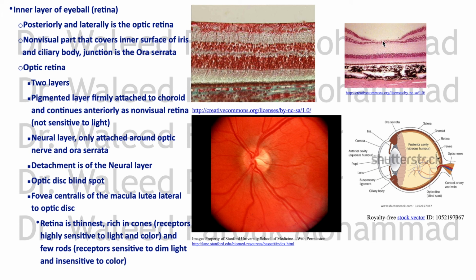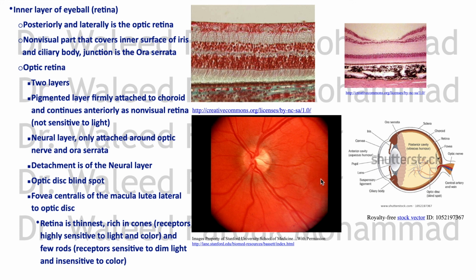There is a greater concentration of cones. Cones will give you colored acute vision. Okay, this is the fovea centralis. See, in this fundoscopy, this is the optic disc, the site at which the optic nerve leaves the eye, and this dark patch here is the macula lutea.